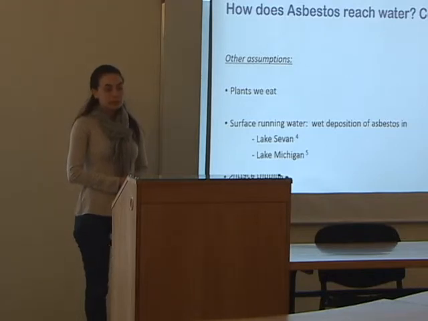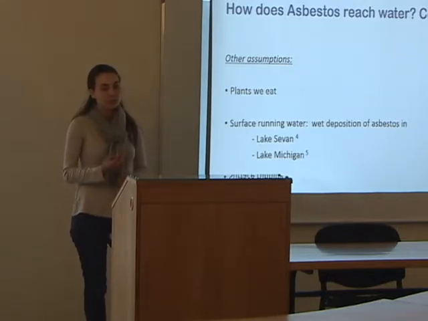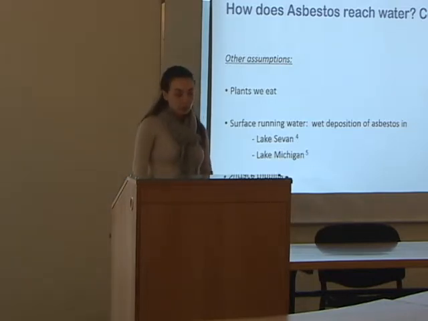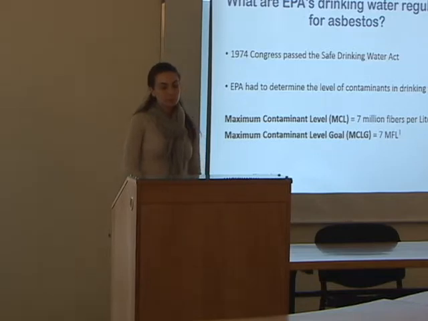But again, an assumption is that as long as asbestos is fibrous, it might be hard for the plants to absorb it. Also, plants might absorb water through irrigation, which again, asbestos is fibrous, and eventually plants might not be absorbing it.